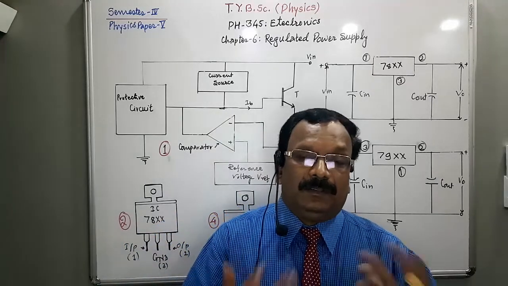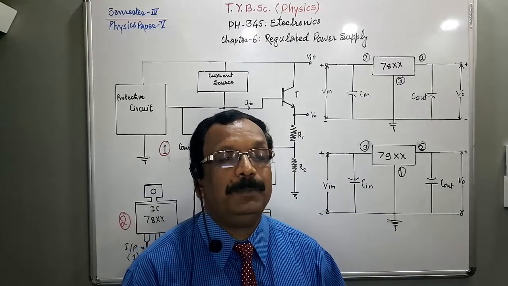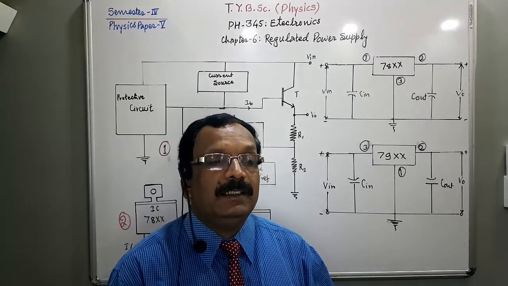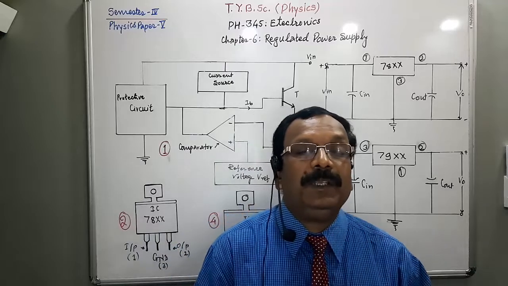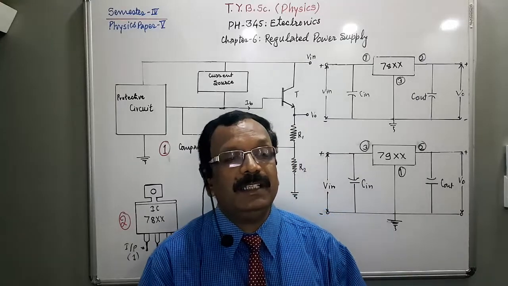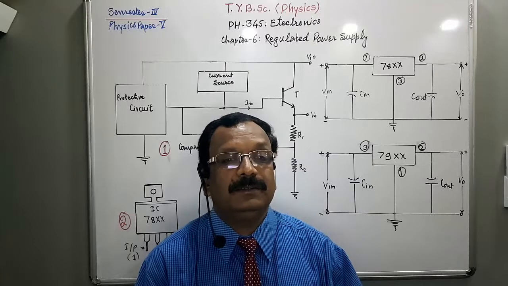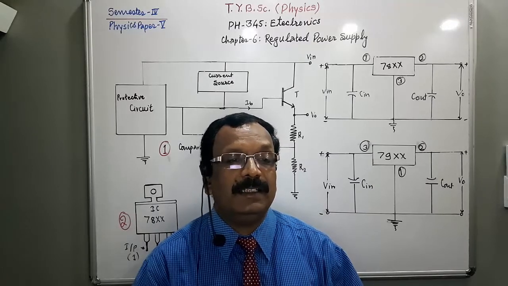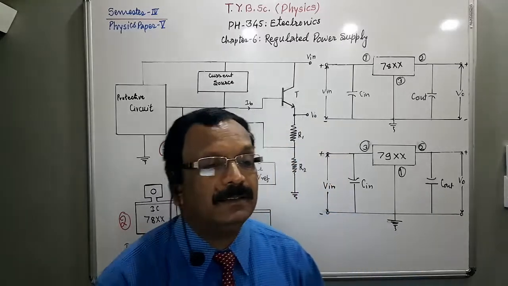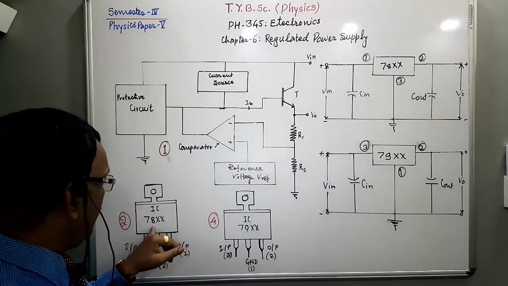Next we are going to see the block diagram of a 3-pin IC regulator. We are going to use an IC which has 3 pins as a regulator, so we have to study the block diagram of this type of IC which acts as a voltage regulator. First of all, we are going to see the 78 series.